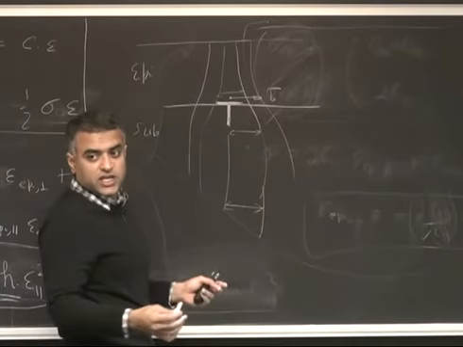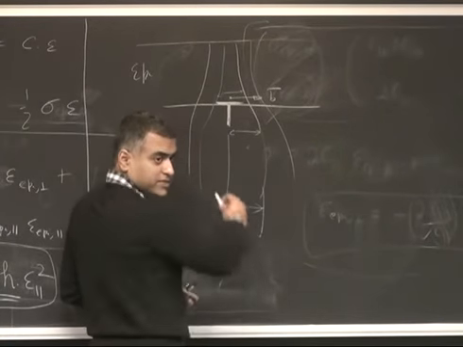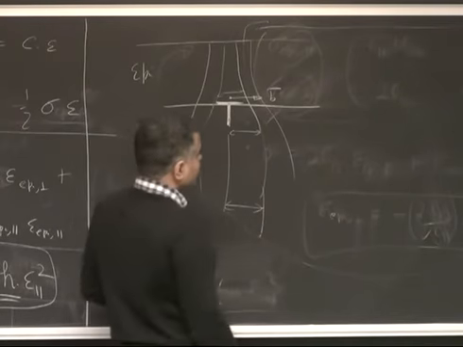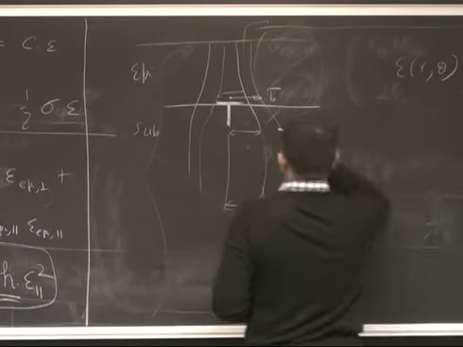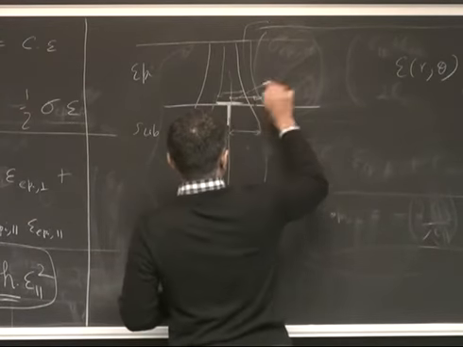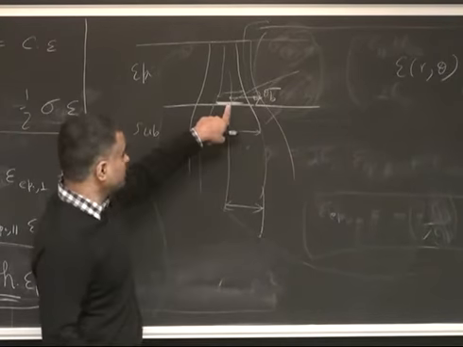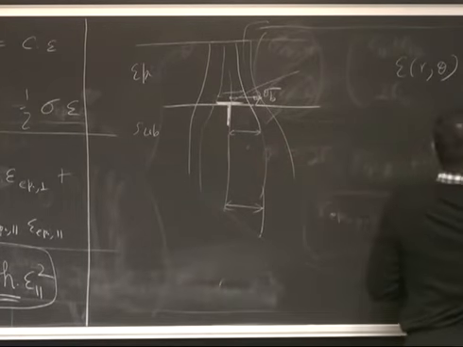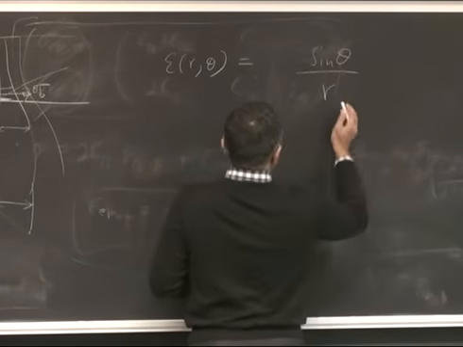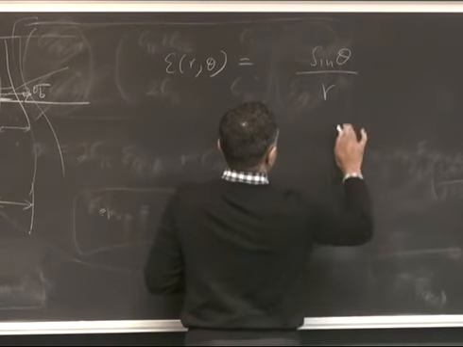That's tensile, it's bigger, right? So you see the strain is changing sign as you go around. You can write down the strain field as a function of r and theta, where theta could be the angle with this being your axis, and the strain field is going to look like sine theta over r squared, I think, right? No, r.